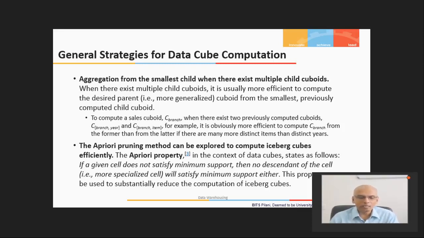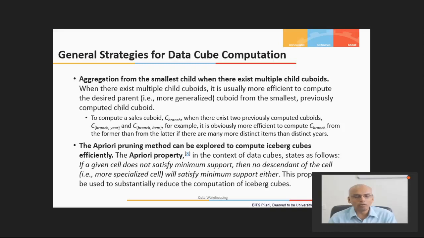And then you realize that the total sale of sedans by the manufacturer for the particular month is 95. Then you know that you don't have to calculate any of the lower level aggregates, that is to say, for this dealer for that month how many sedans were sold, or for this dealer of this color how many sedans were sold. You don't need that at all, because the overall sedan number is not meeting the support level required for the Iceberg cube, which the analyst considers sufficient for the purpose of analysis.